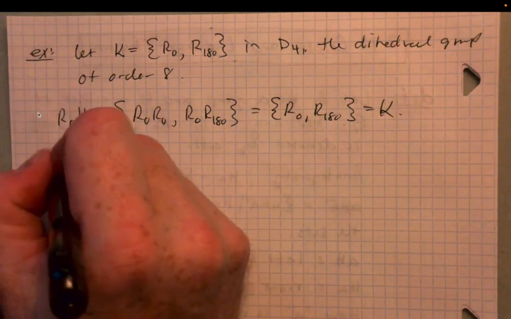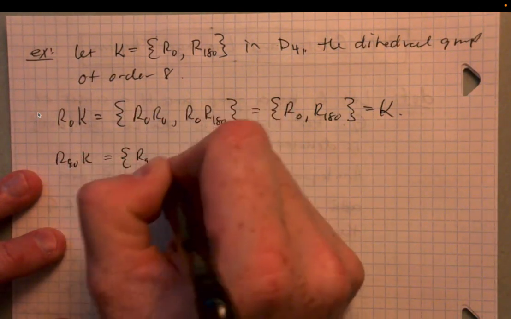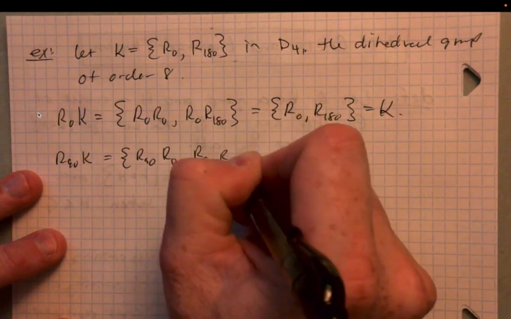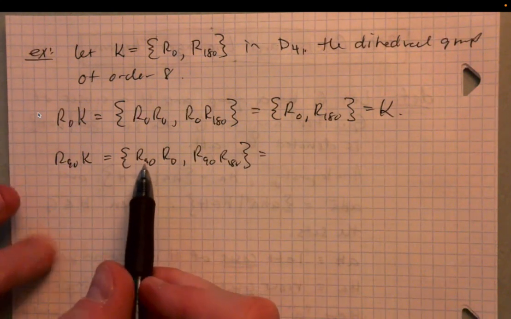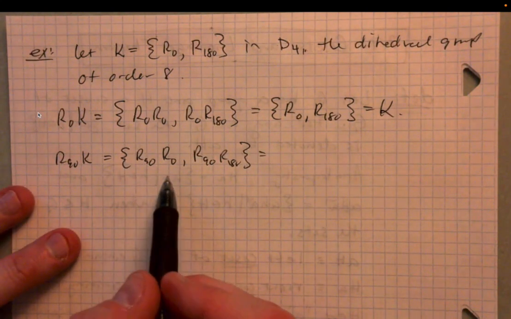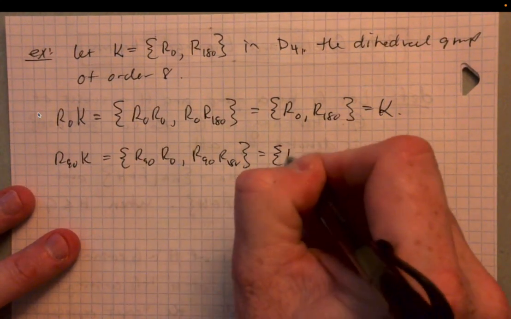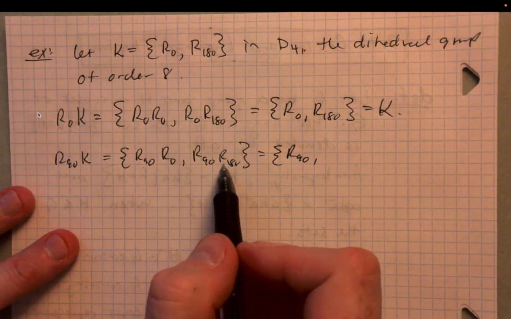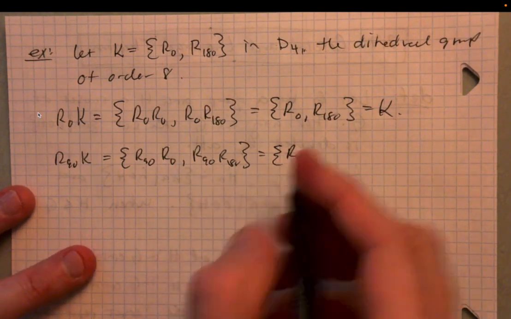What about R90? Well, that's R90 R0, R90 R180. And what happens if I do a 0-degree rotation followed by a 90-degree rotation? Well, it's equivalent to a 90-degree rotation. And what happens if I do a 180-degree rotation followed by a 90-degree rotation? That would be a 270.